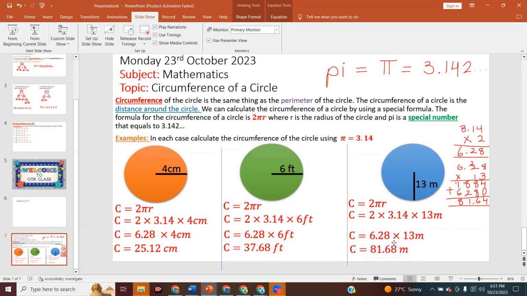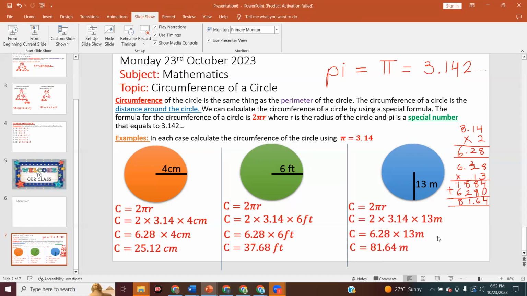A student asks: when we do our graded assignment, do we need to show the working? Yes, no calculators. Show your working. So the answer is 81.64 meters.